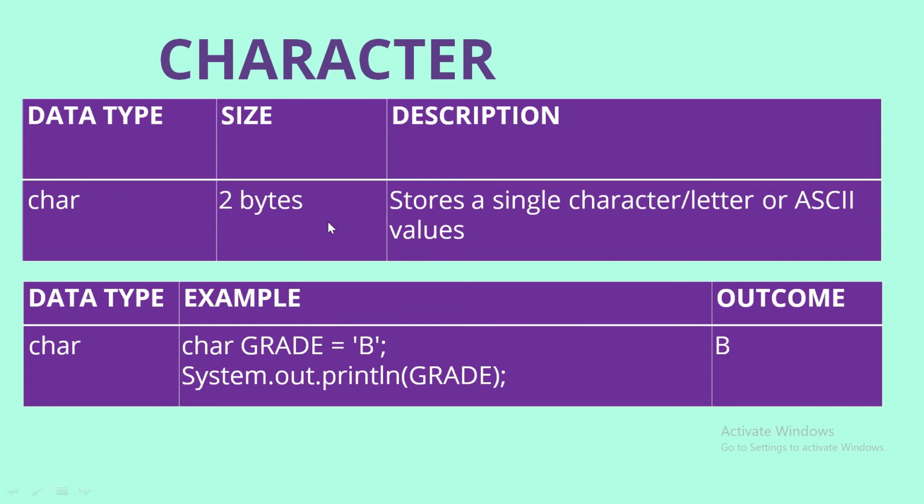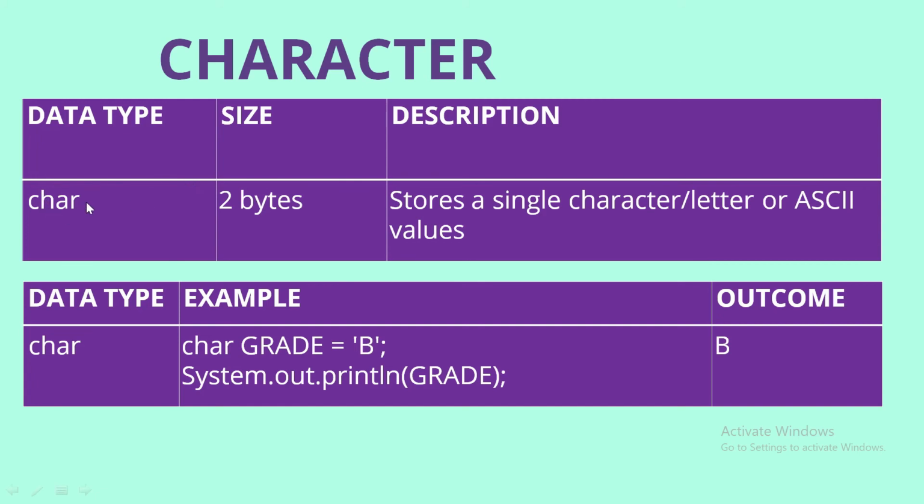The next data type is character. As we know, in C and C++, char is 1 byte. But in Java, char is 2 bytes. The reason is that it has a larger data set than C and C++.